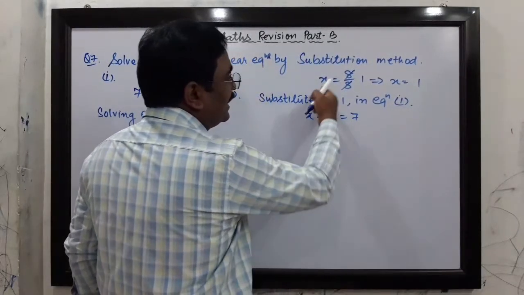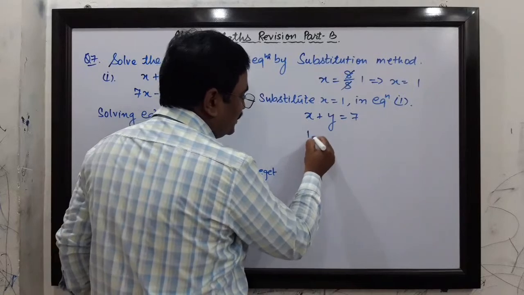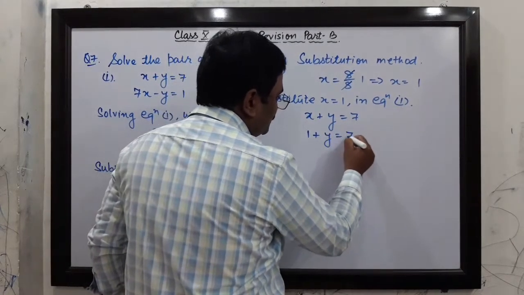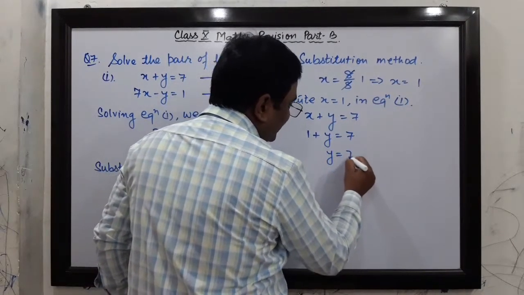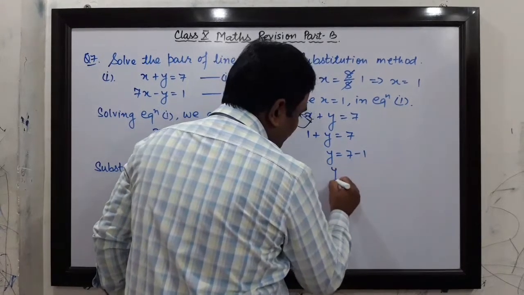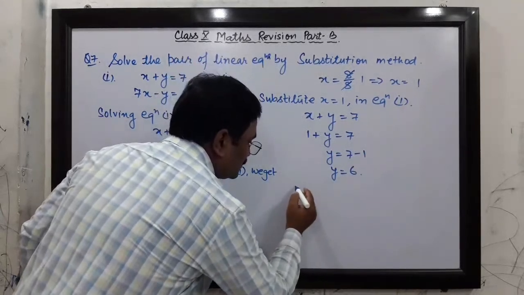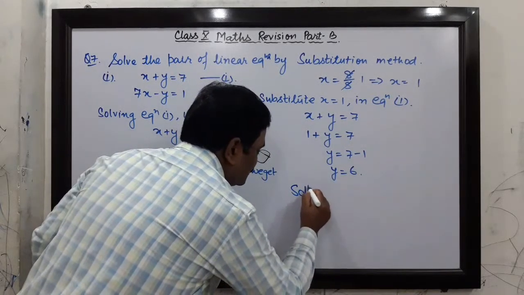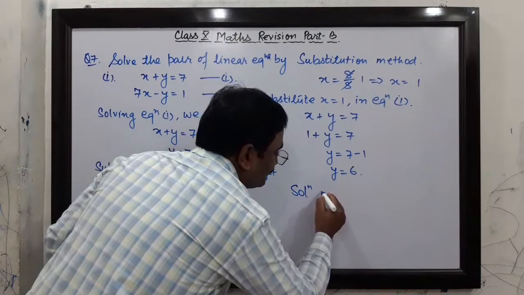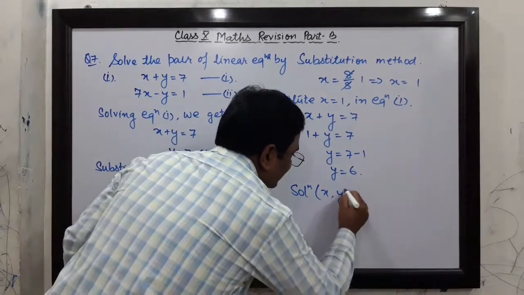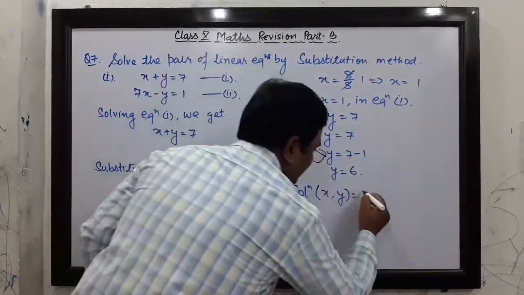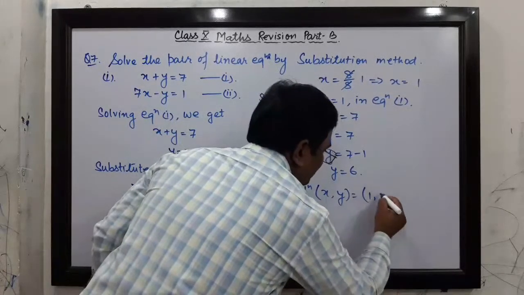So substituting the value of x as 1, we get 1 plus y is equal to 7. So y is equal to 7 minus 1, which is 6. Therefore our solution of this pair of equations is x equal to 1 and y equal to 6.